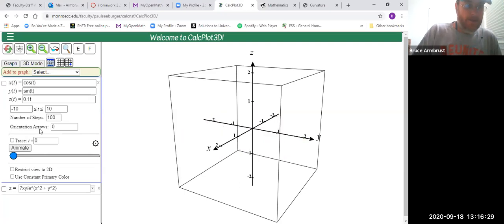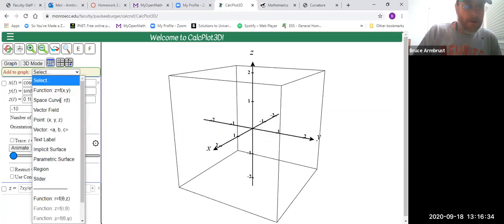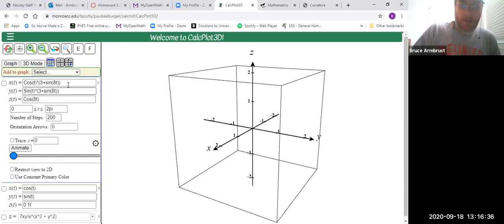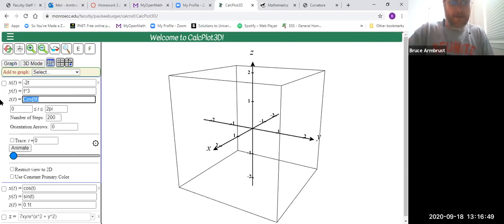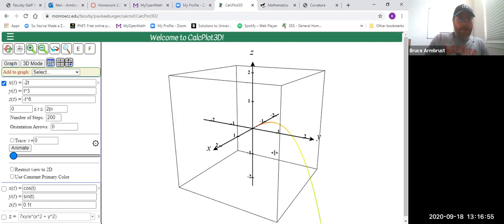Turn this guy off. And we'll add one more. All right, so the first one was minus 2t, t cubed, and minus t to the sixth. All right, so you can kind of see that graph. I'm going to change the bounds on this a little bit. Let's go from like -5 to 5.